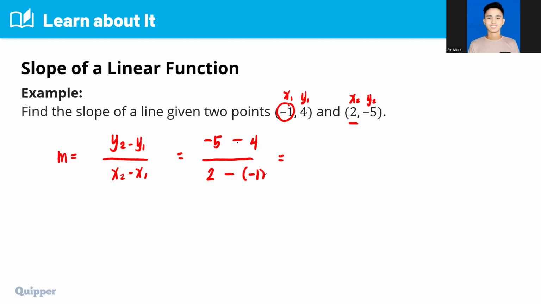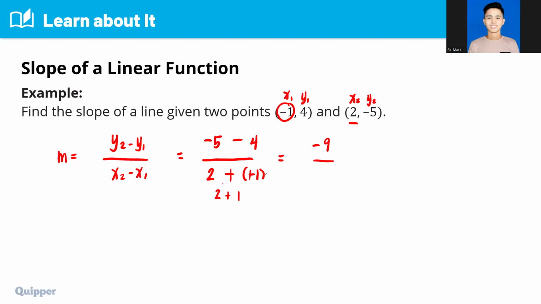So -5 minus 4 is -9. In the denominator, remember, if we have minus and then a negative, the denominator will be 2 plus 1. Again, if we are subtracting two integers, we have the subtraction symbol, and after the subtraction symbol we have a negative number, so this will be plus already.